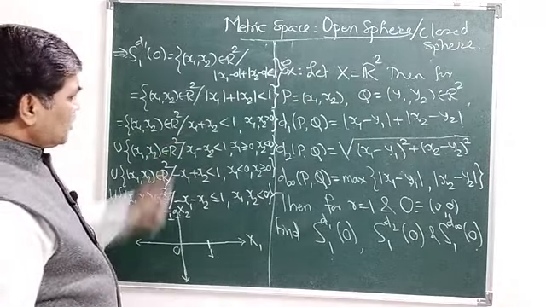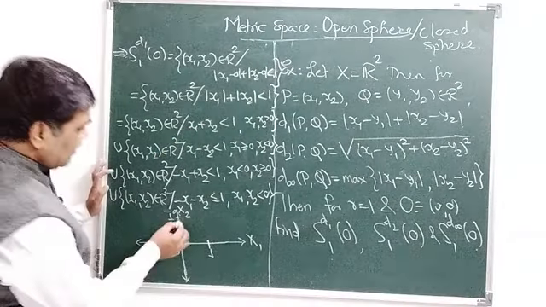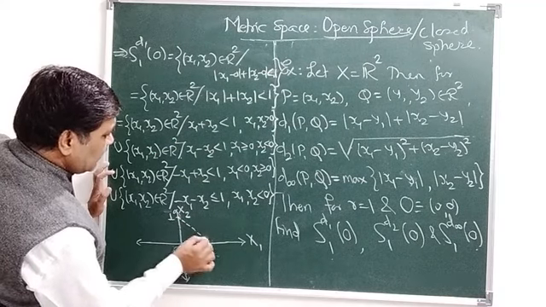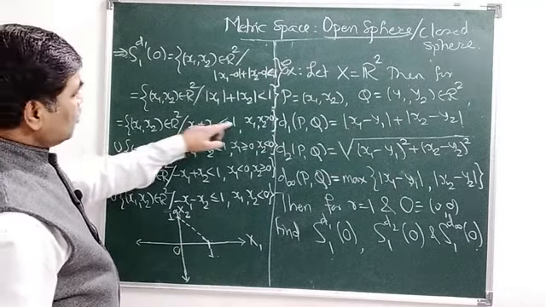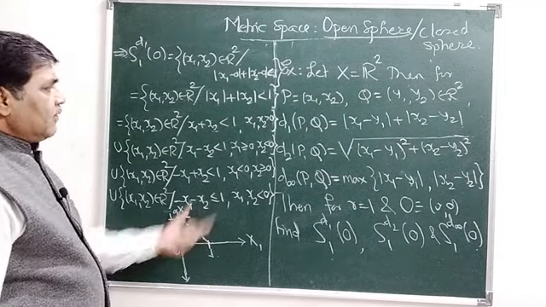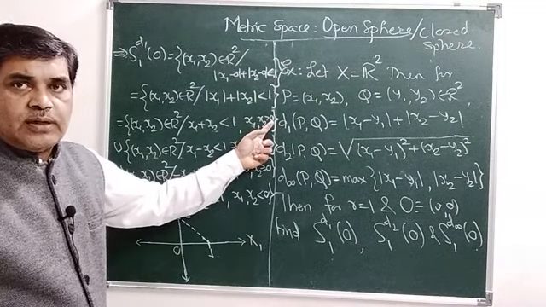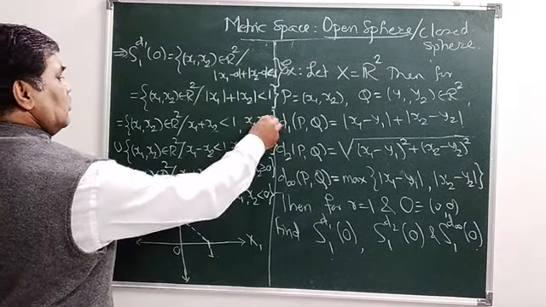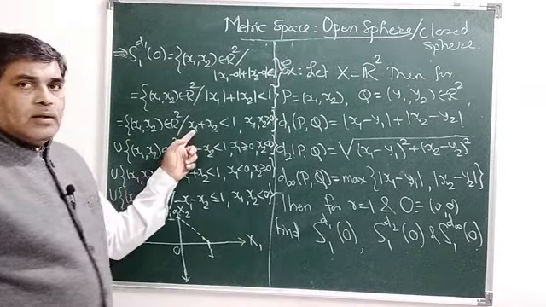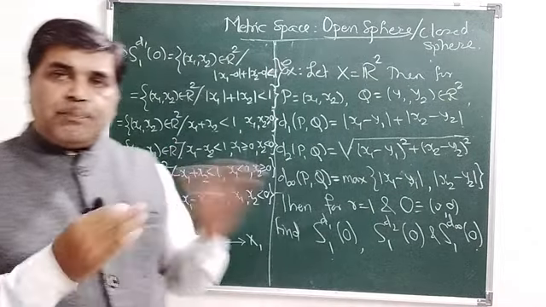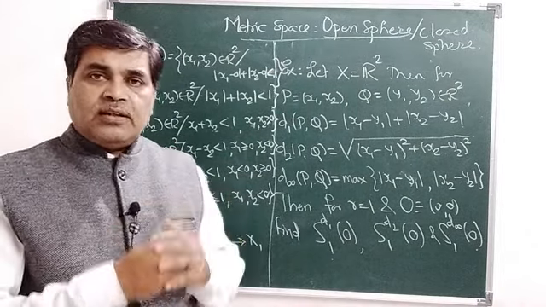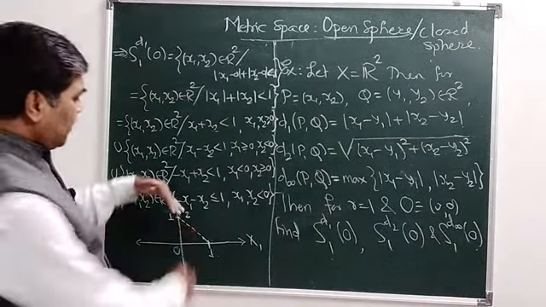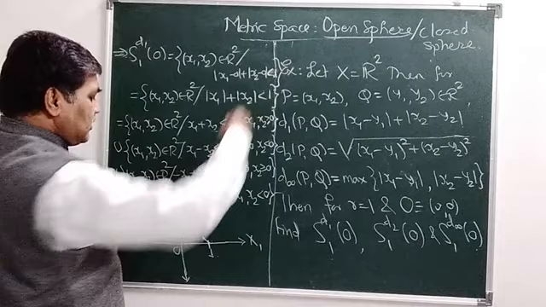So x1 plus x2 equal to 1 represents this line segment, where x1, x2 are greater than or equal to 0 in the first quadrant. Now any line divides the plane into two half planes, an origin side half plane and a non-origin side half plane. So this line also divides the plane into two parts.